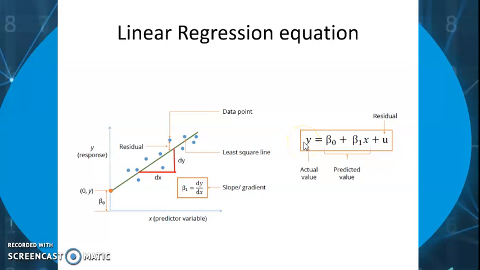That means I am writing y is equal to mx plus c; we are just changing the notations for linear regression here. What is beta 1? Beta 1 is nothing but the slope of the line, that is dy by dx. What is beta 0? Beta 0 is nothing but the y-intercept, that is c, that is what we have learned in mathematics. So this is the first part of the equation.